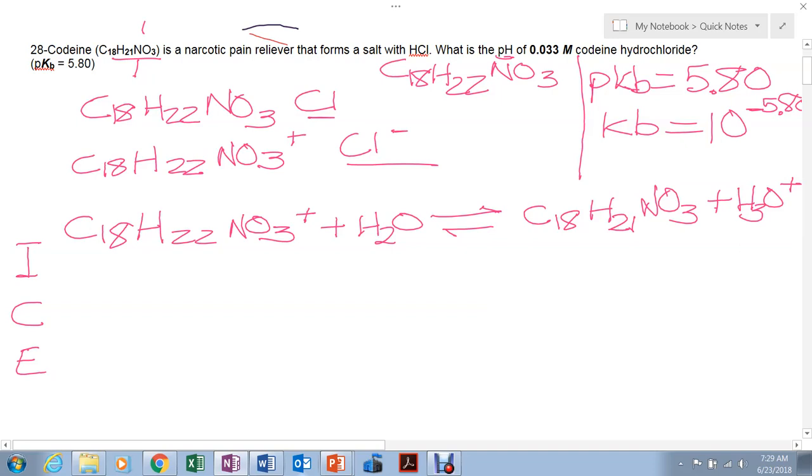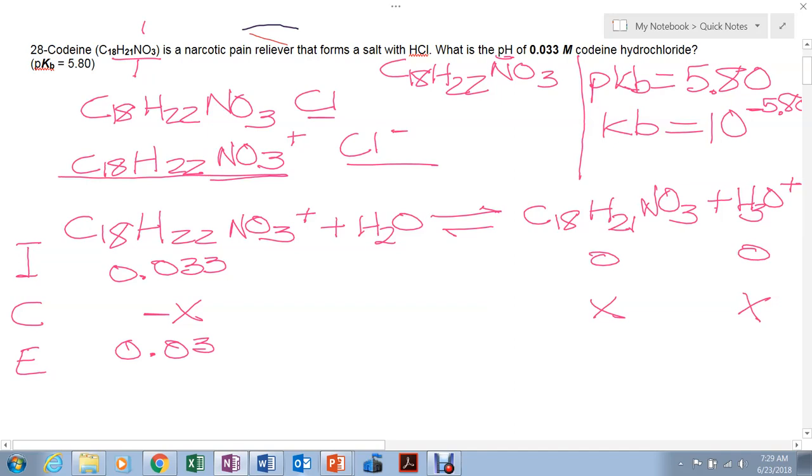So we have the initial concentration, because it comes from the codeine salt, and here you got, of course, 0 and 0. So the change would be minus x, x and x, the same thing. And this would be 0.033 minus x.